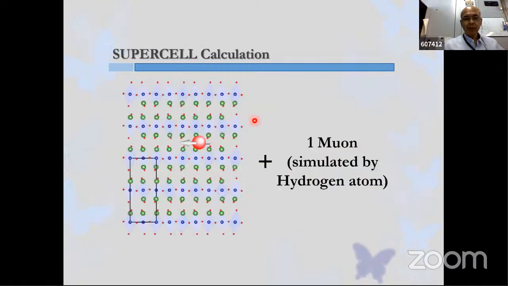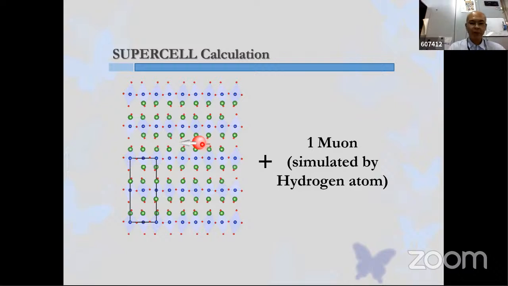Very bad. So what we did is set up a supercell, a very large cell, the maximum that can be accepted for our supercomputer. Then we put in only one muon, because the density of muons inside the material is very low. In the extreme case, there is only one muon inside the material, only one in the Avogadro number. So the muon problem is like a dilute spin problem inside the material.